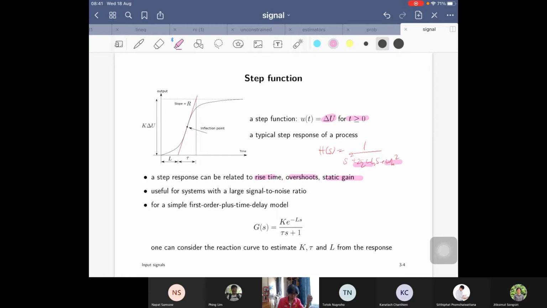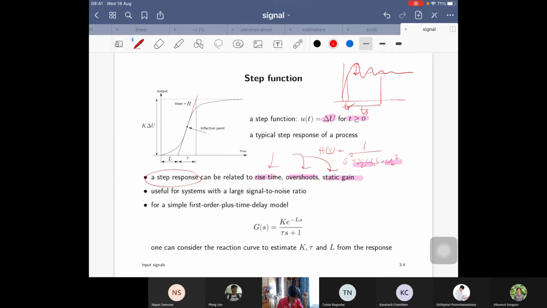You can examine these time domain specifications from a step response, if you can recall from linear control system theory: this is my overshoot, my settling time, my rise time, all those things.